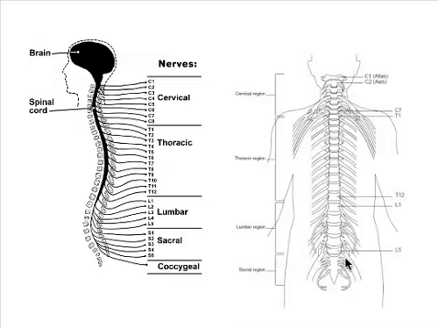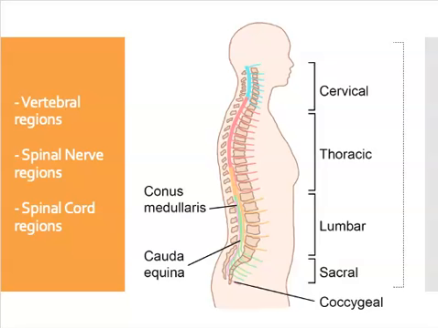Remember, the spinal cord itself is ending in the area of L1, but these nerves are going to continue to emerge because they travel down from the end of the spinal cord in the cauda equina, and then they exit out from the vertebral column at the correct location. So cervical, thoracic, lumbar, sacral, coccygeal, we're going to apply those terms to the vertebrae, to the spinal cord, and to the spinal nerves. We just have to remember that they don't all match up.